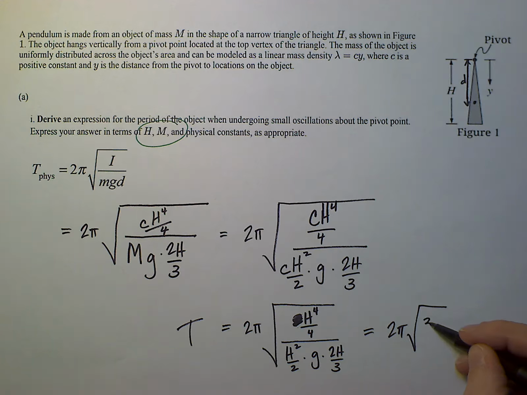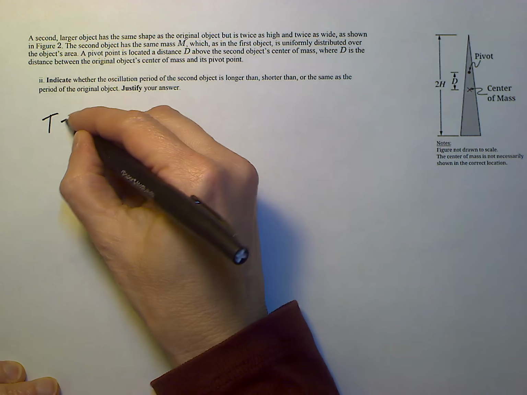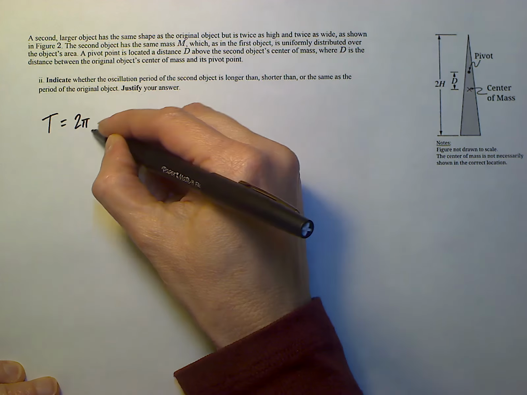So it ends up being 3h over 2g. Pretty simple expression considering how complex this problem was. Alright, so we're trying to see whether the period would change. Let's remind ourselves what that formula looks like.